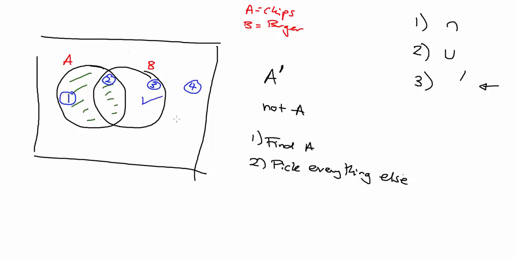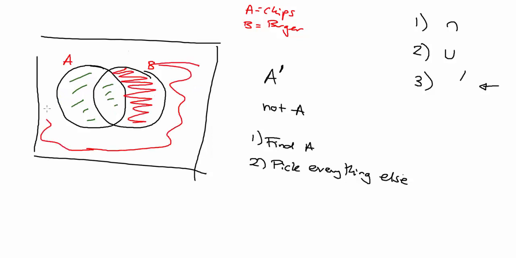So we want 3 and we want 4. So if you were coloring in, remember that's A and B. If I now color in red, I want this and I want all of that. That's the best way for going for the nots. And I'll just put some stuff in there: A and B, A or B, and not A. Something like that.